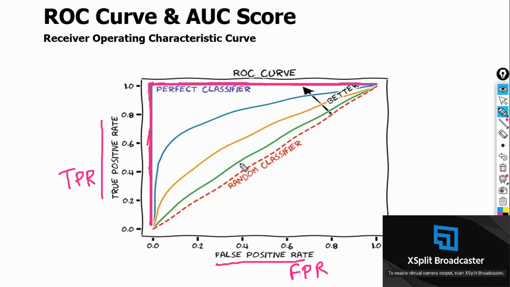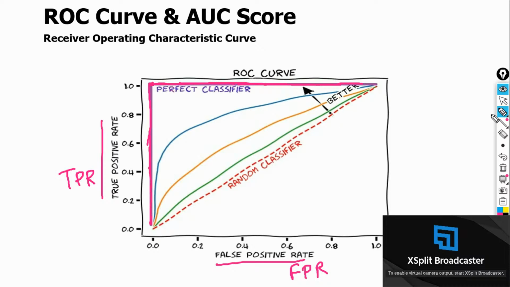And you see the dotted line: if it is randomly classifying, you'll have both TPR and FPR the same. If the graph of this ROC curve falls below this random classifier, obviously you'll have a very bad model, and you're supposed to get the model very close to this perfect classifier.